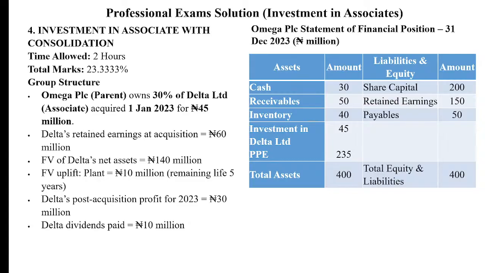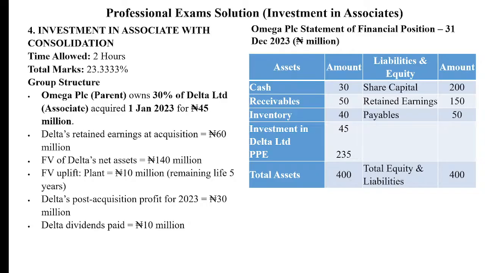Group structure. Omega PLC, parent, owns 30% of Delta Limited, associate. Acquired 1st January 2023 for 45 million naira. Delta's retained earnings at acquisition is equal to 60 million naira.